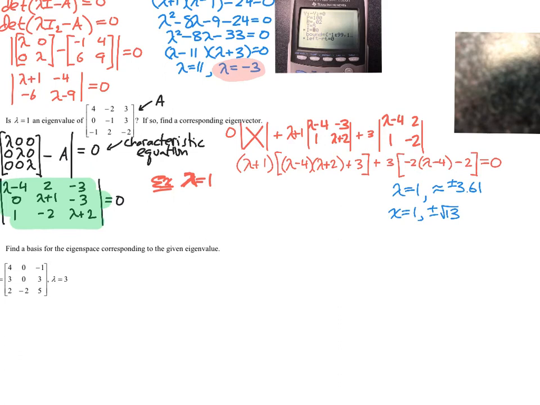So if lambda is equal to 1, we have -3, 2, -3, 0, 2, -3, 1, -2, +3. We're solving the homogeneous equation, and that essentially means we're giving a column of zeros.